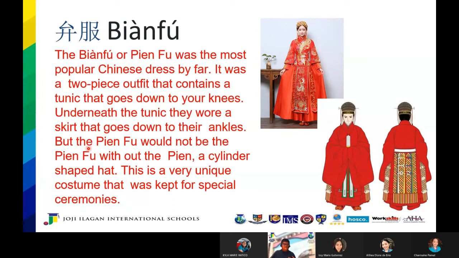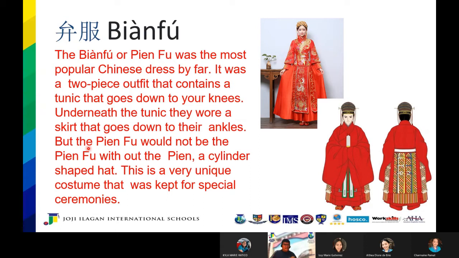Then you will wear this robe that is thick, with high sleeves that go through here. And there are also some decorations above it, with patterns, along with that robe that you will wear for the Pianfu.